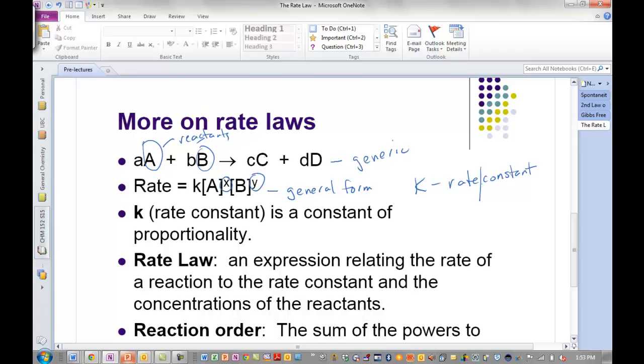Okay, so they're going to be raised to some power. And we're not going to do this in this pre-lecture, but that is going to be one of the harder calculations for this chapter, is actually determining x and y, what we call the order or orders of each reactant.